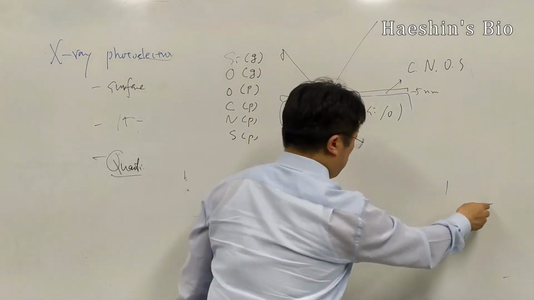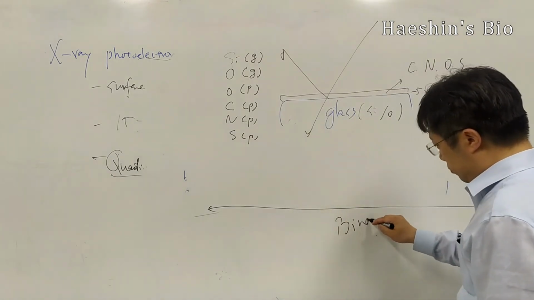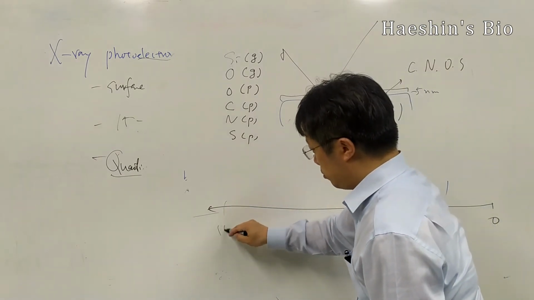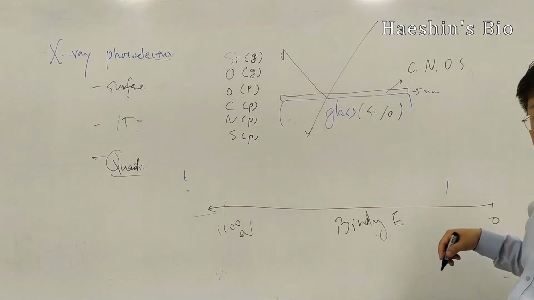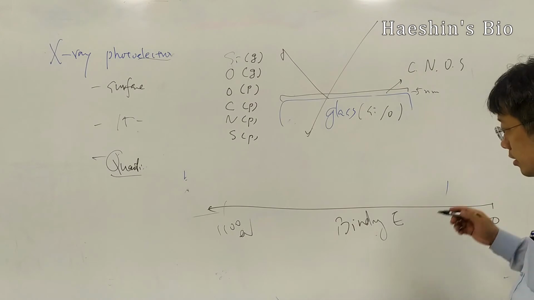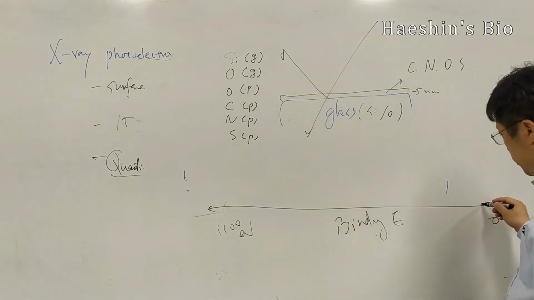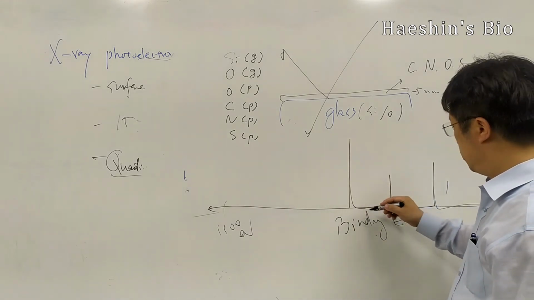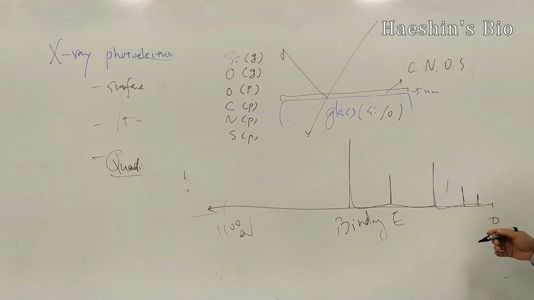This is what you expect to see. And then you have the binding energy from 0 to 1100 electron volts. Generally speaking, this is the energy range of the X-ray that we provide in commercial XPS. Then you have carbon, nitrogen, oxygen, sulfur, and silicon, each with a very sharp peak.